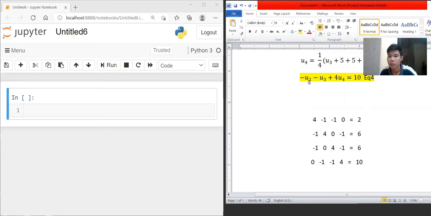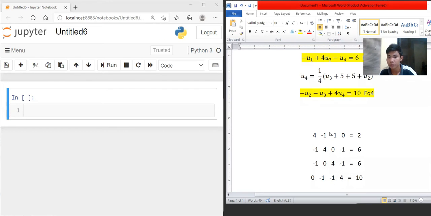And ang ating u2 is negative 1, and ang ating u3 is negative 1 also. And ang ating u4 is positive 4, and the coefficient is 10. So the same application is gagawin natin dito sa the rest na matrices. So ito na ang ating matrix ngayon.